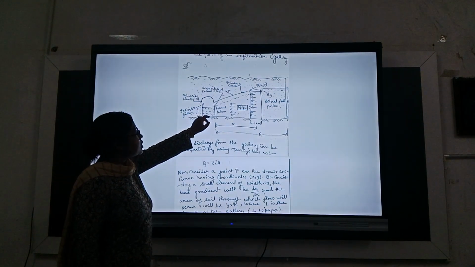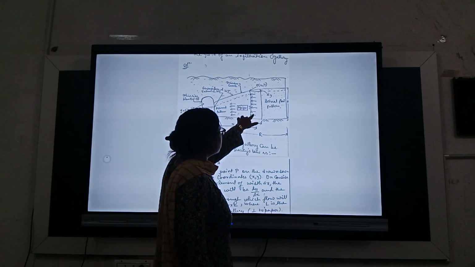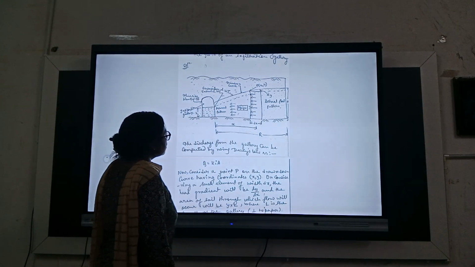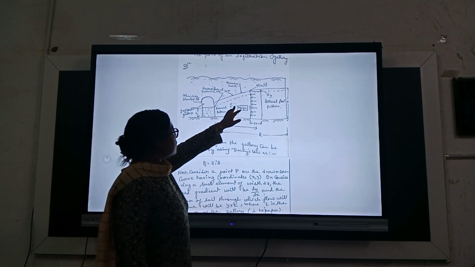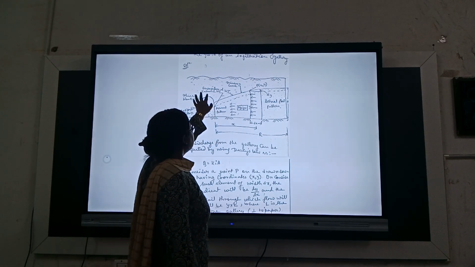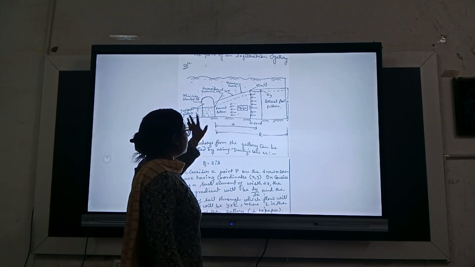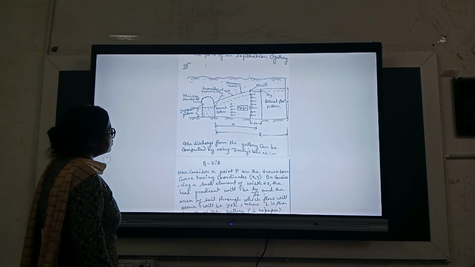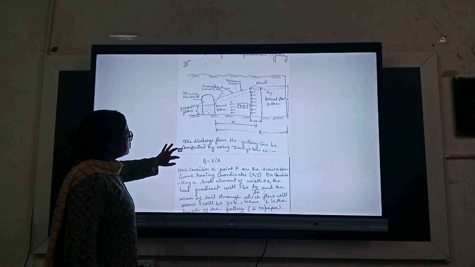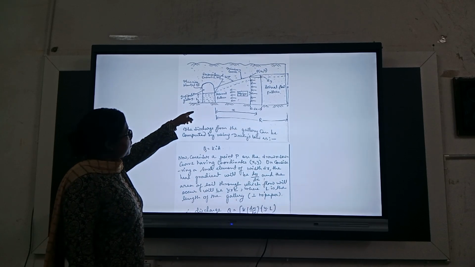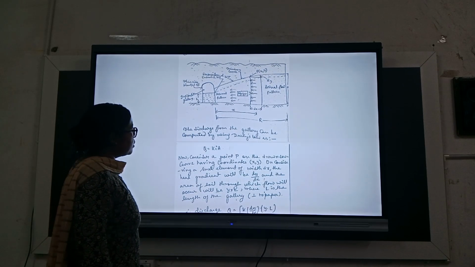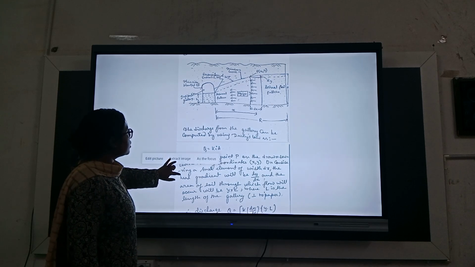This is our infiltration gallery. This is an elemental portion from the aquifer we are taking. This is our drawdown curve. This is the soil, and this is the actual flow pattern of the aquifer, with the water level and the flow pattern inside the aquifer.